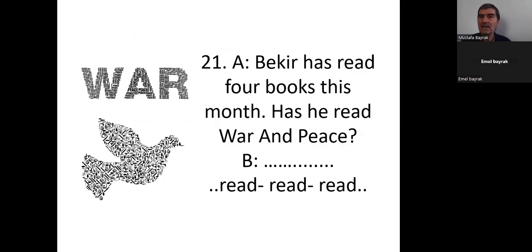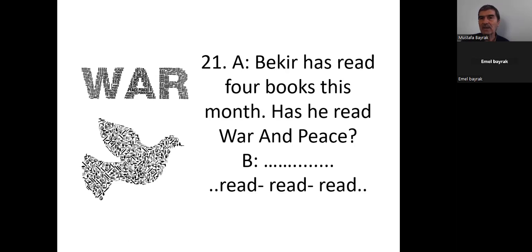Now 21. Bekir has read. Read. Okay, read first form, read second and third. The form doesn't change, it remains the same, but the pronunciation changes. Okay, it becomes like this: read, read, read.